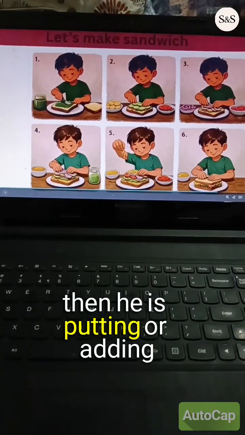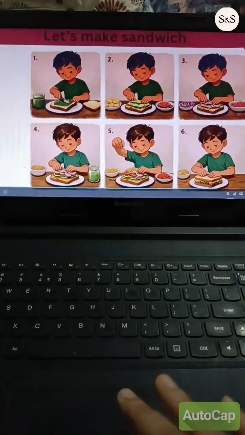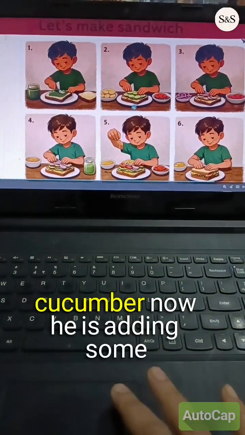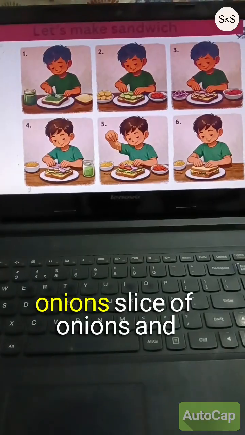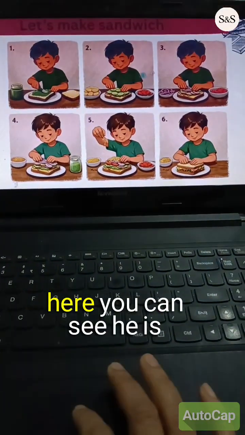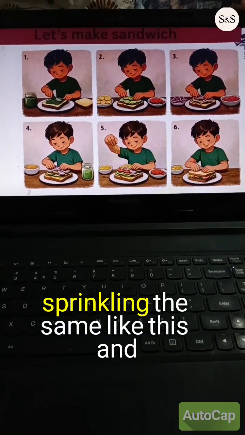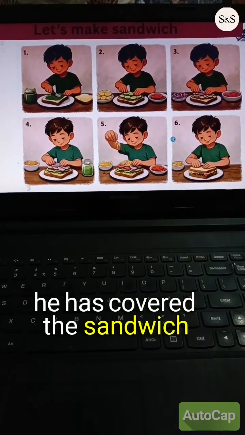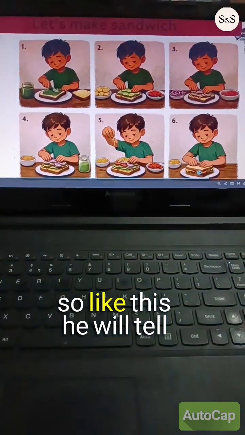Then he's adding slices of cucumber. Now he's adding some slices of onions, and then here you can see he's sprinkling the sauce, and he has covered the sandwich with another bread.